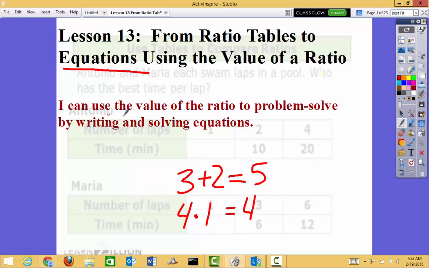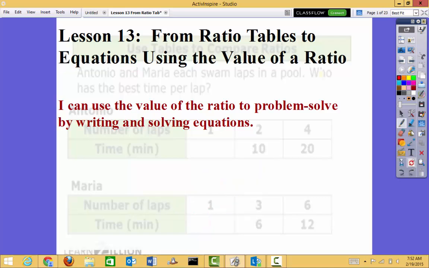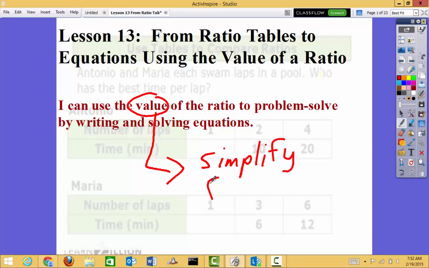Our I can statement is I can use the value of the ratio to problem solve by writing and solving equations. So we know what an equation is. Just a reminder, what is the value of a ratio? Well, it is that simplified fraction. So we're taking a ratio and we're writing it as a fraction, and then we're simplifying it.